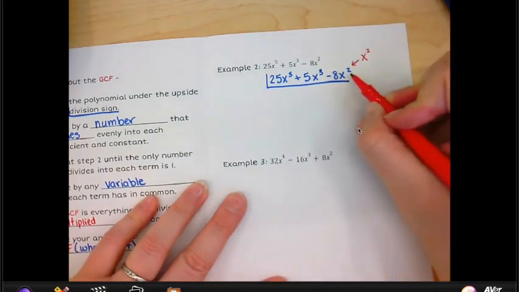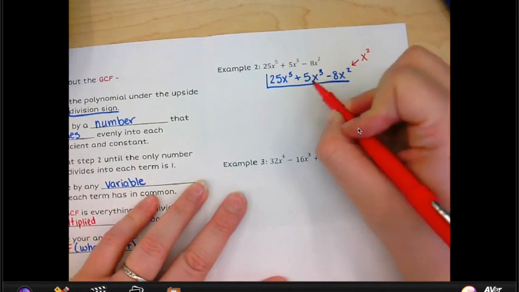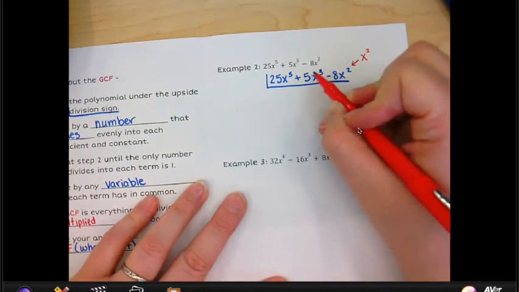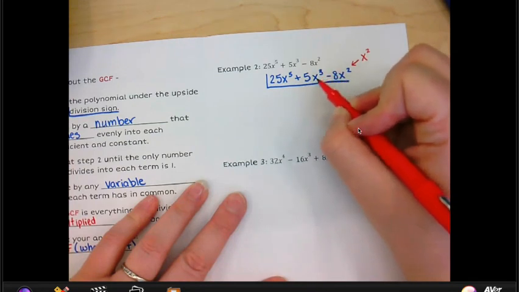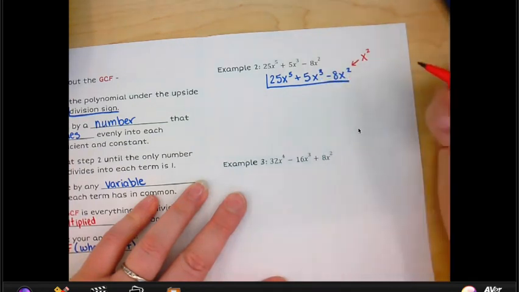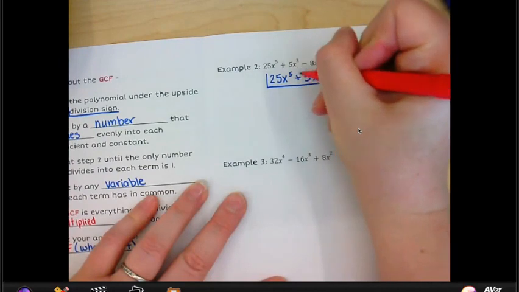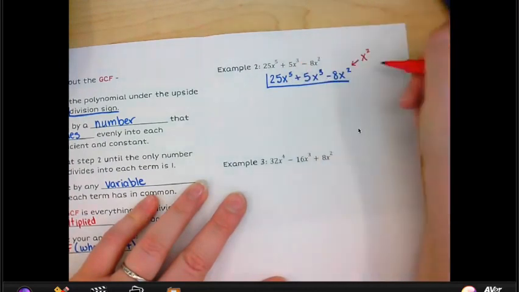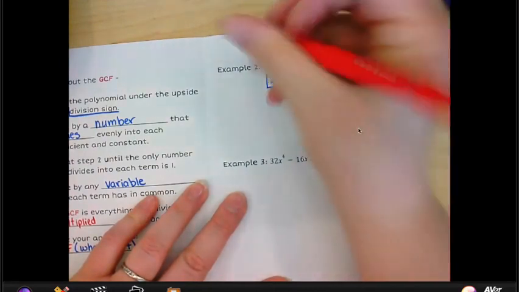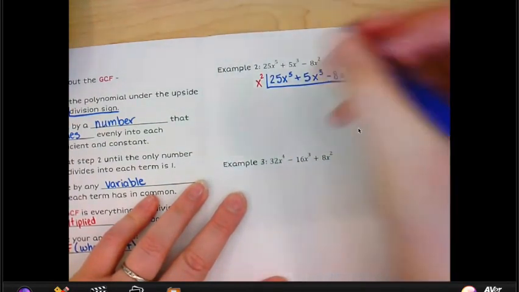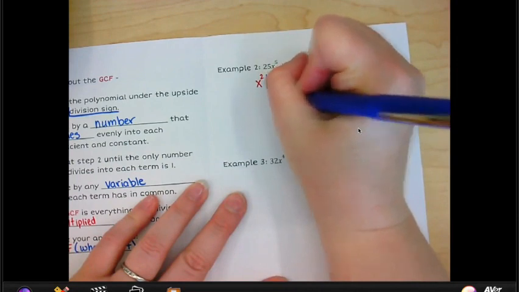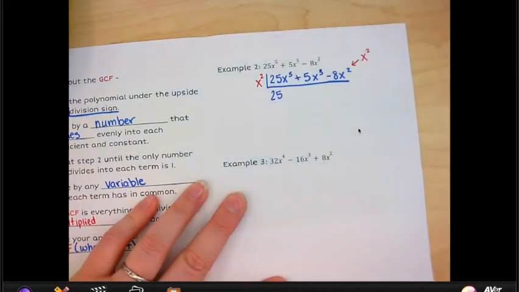X squared has our smallest exponent. You can take that smallest exponent out of each of these. So this has 3 x's. X to the 3rd is 3 x's being multiplied together. So there are 2 of them available to take out. This has 5 x's being multiplied together. So there are 2 of them available to take out. So we're going to factor out that x squared. My coefficients will stay the same because I'm not dividing a number.